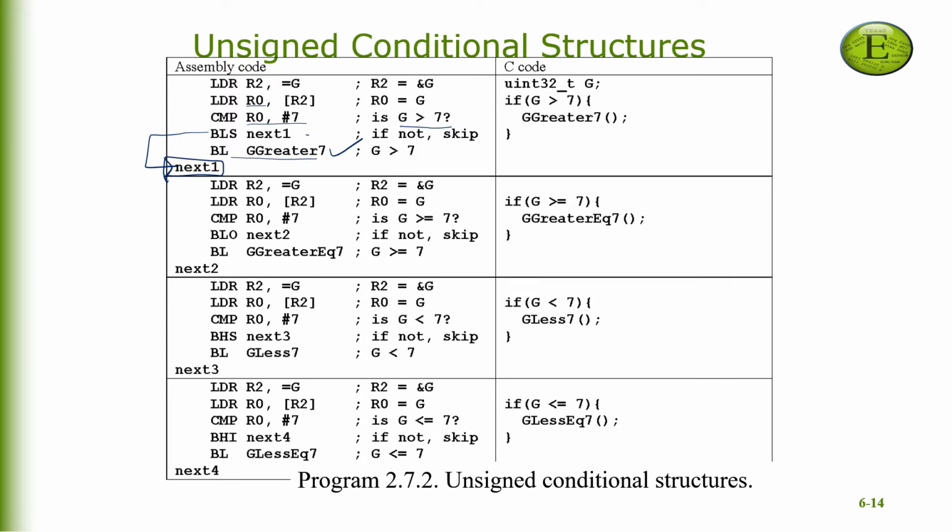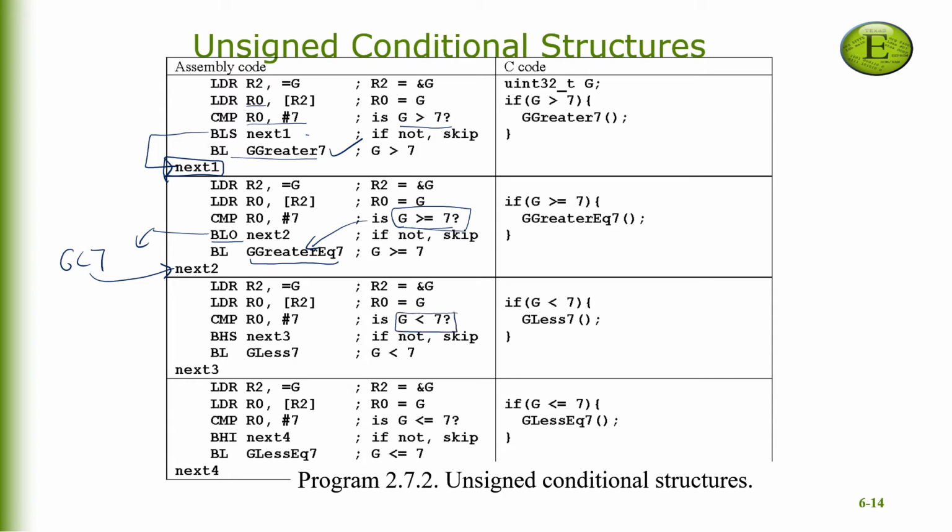And similarly, if we want to compare G greater than or equal to 7, then BLO. That is, if G is less than 7, then go to next 2. Otherwise, if G is greater than or equal to 7, go to the instruction whose label is G greater than or equal to 7.